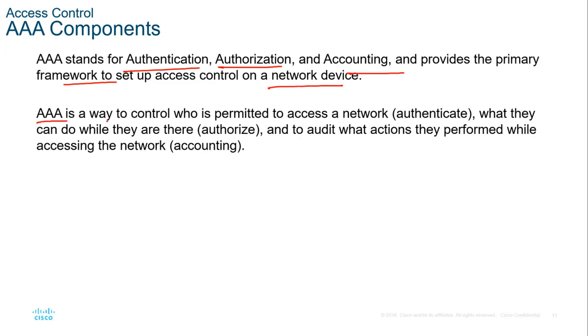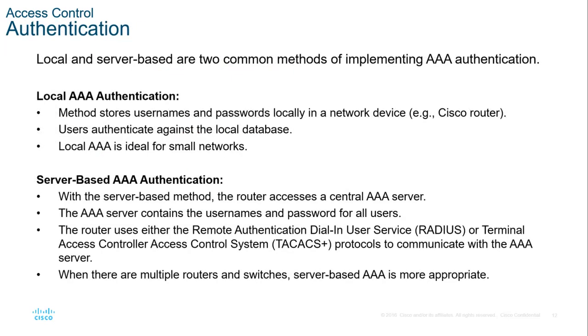AAA is a way to control who is permitted to access the network, that is authentication; what they can do while they are authorized, that is authorization; and then lastly, the audit, what actions they performed while accessing the network. If you deleted or updated something, all those logs or events are under accounting.